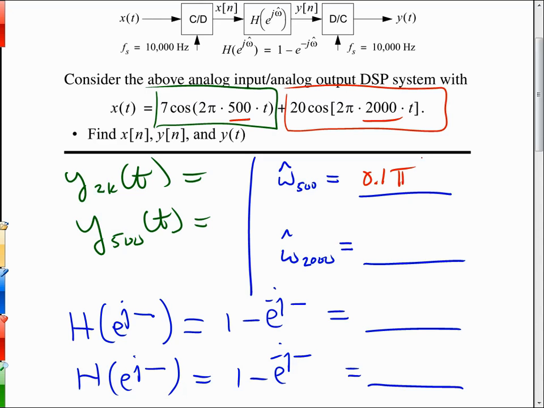Okay, so what's the omega hat 2000? I just got 1.256 radians. Okay, how about just in terms of pi, just to make it look more friendly. Actually, the 0.1 pi, well, okay, what did you say for the 2000?